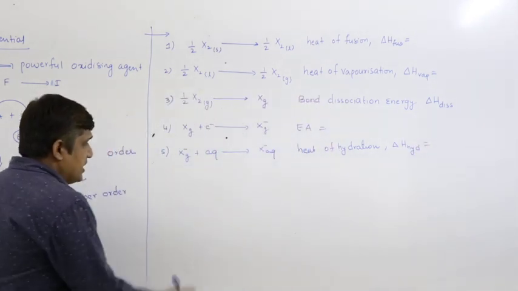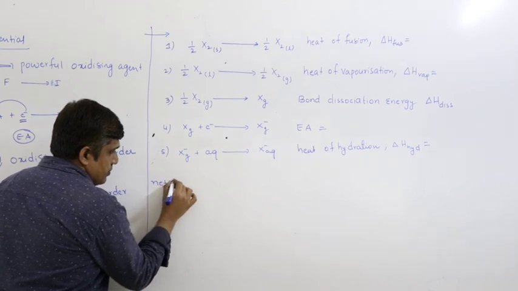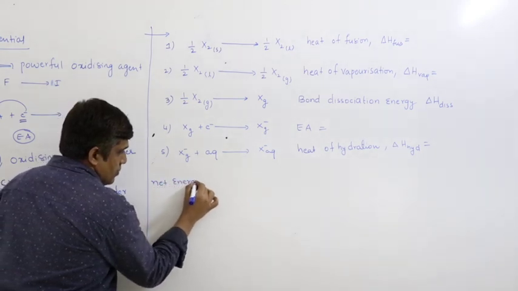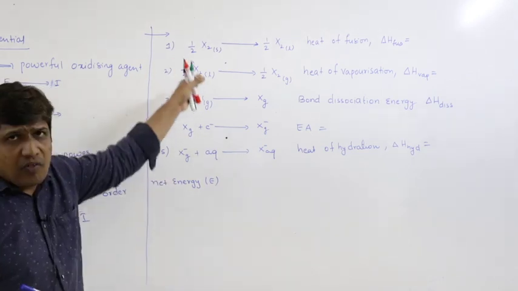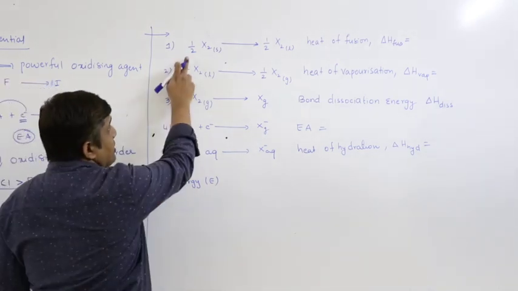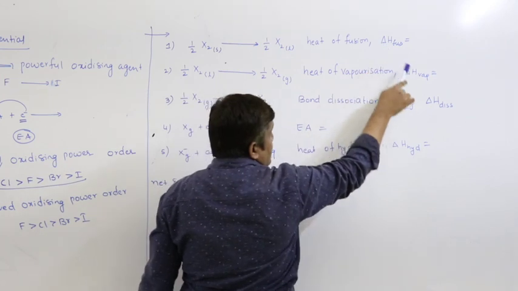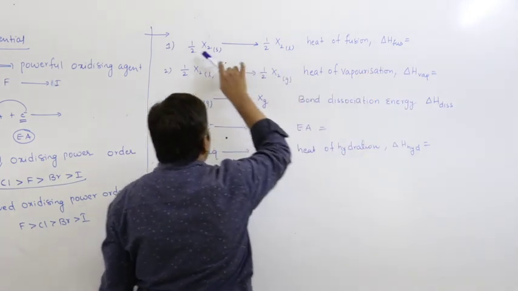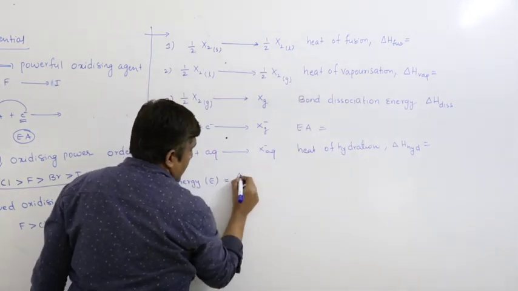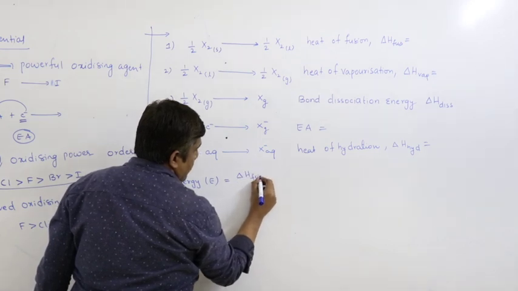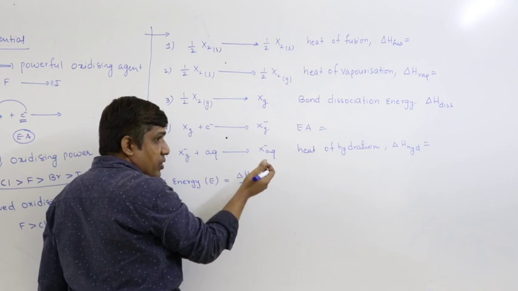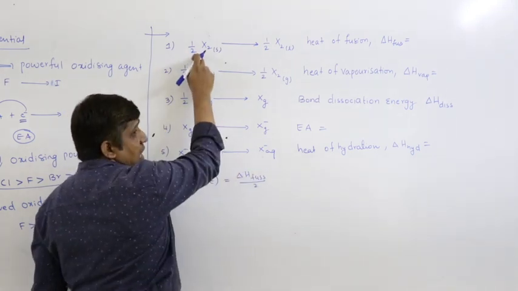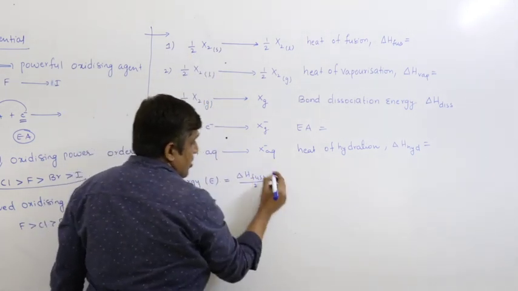Right. So the net energy, that is E, is a sum of all this. This is for half mole. Generally these values are given per mole, in kilojoules per mole, but we are taking only half mole, so we have to divide by 2.